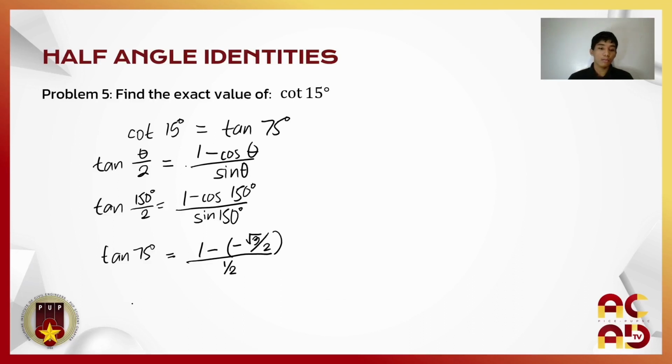So, simplifying this, magiging 1 plus the square root of 3 over 2 divided by 1/2. So, yung tan 75 degrees natin will equal yung 1 pwede natin ma-write as 2 over 2 and then plus square root of 3 over 2, and then meron tayong all over 1/2.